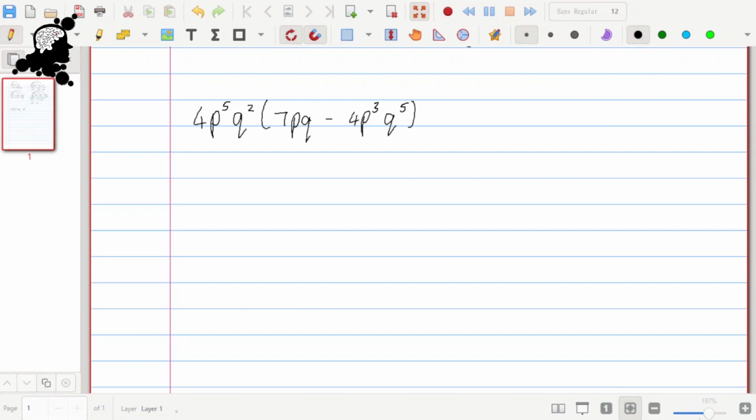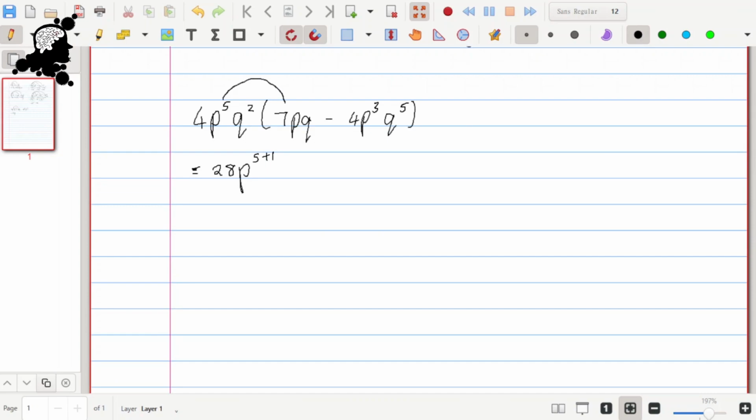Okay, looking at this question, we follow exactly the same procedure. Multiply the term outside the bracket with the term inside the bracket. 7 times 4, that's going to give you 28. We start by multiplying out the coefficients. We've got the same variables in each term, so we say p to the power 5 plus 1.